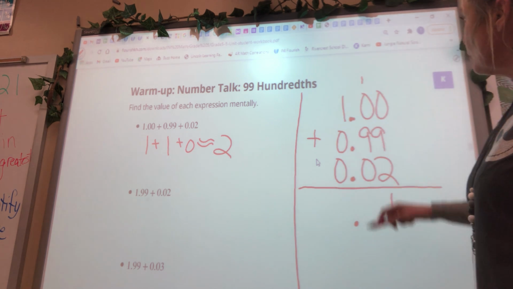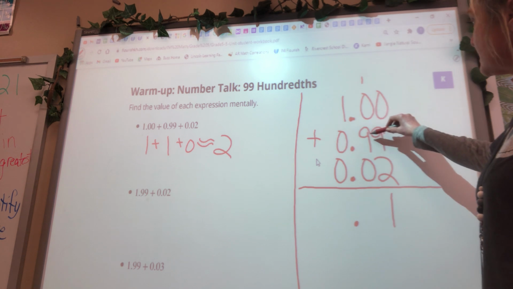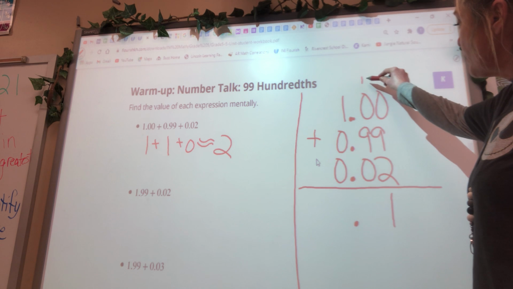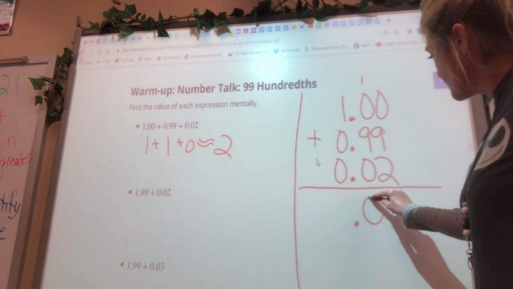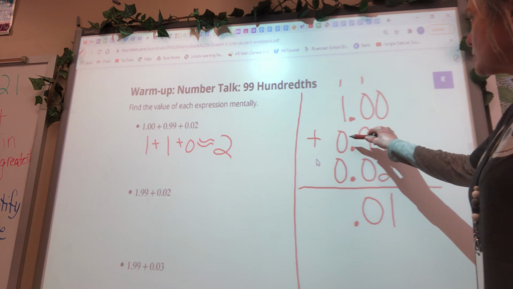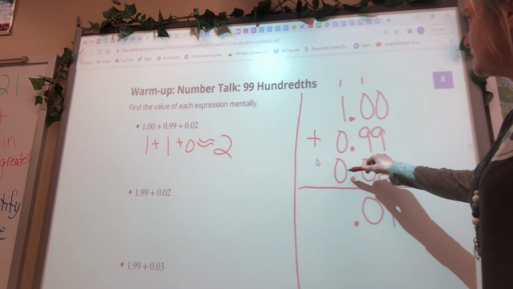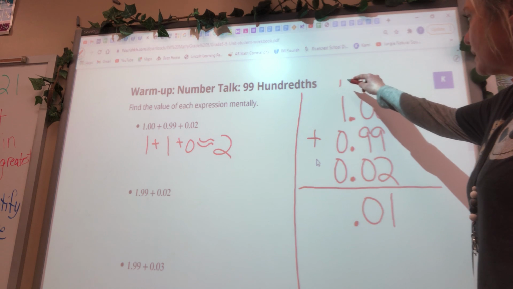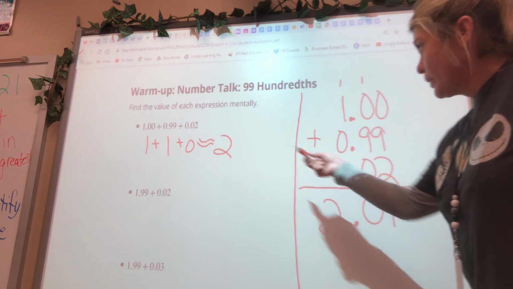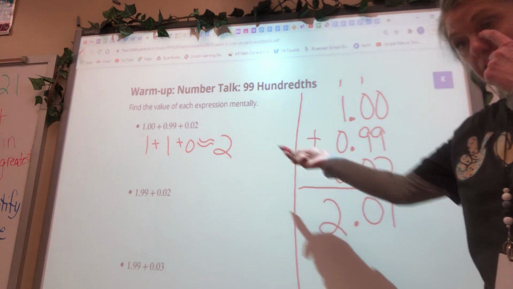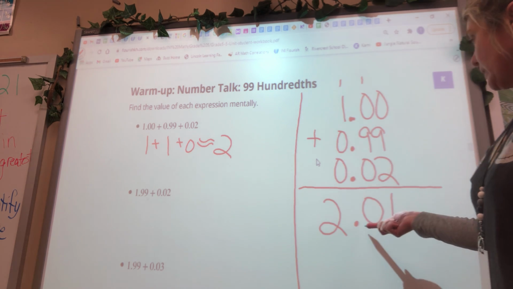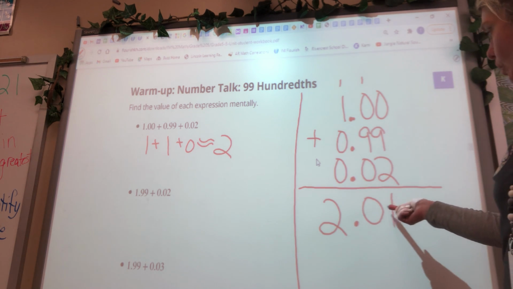So we would carry our 1. 0 plus 9 is 9, plus 0 is still 9, plus the 1 that we carried is 10. So we'd carry that 1. 1 plus 0 is 1, plus 0 is still 1, plus the 1 that I carried is 2. Okay, so were we about right? Yeah, we were about right, weren't we? We thought about 2, and we came up with 2 and 100.